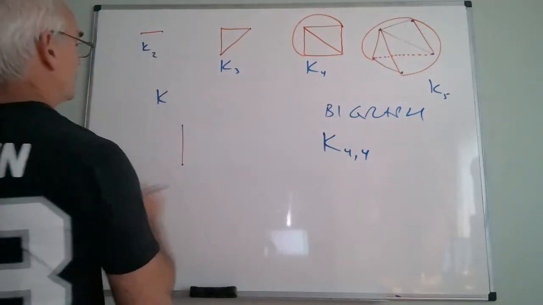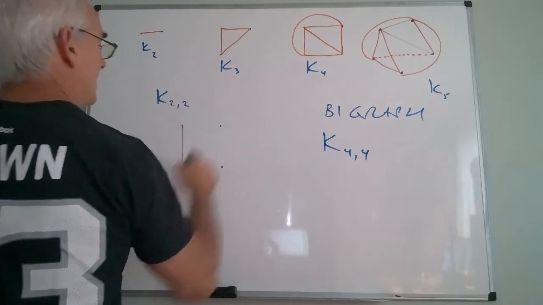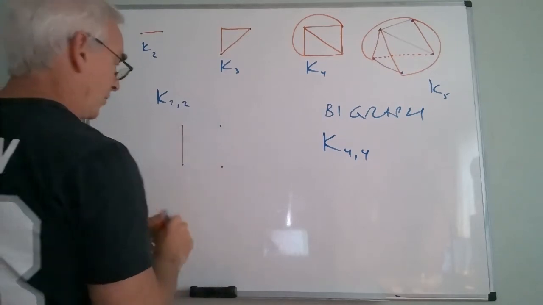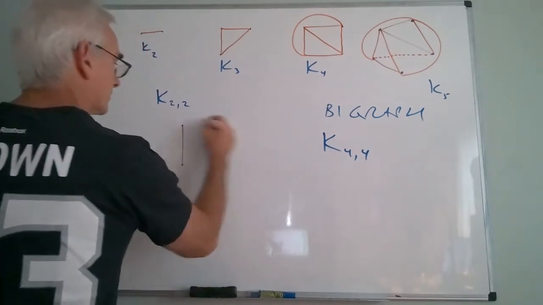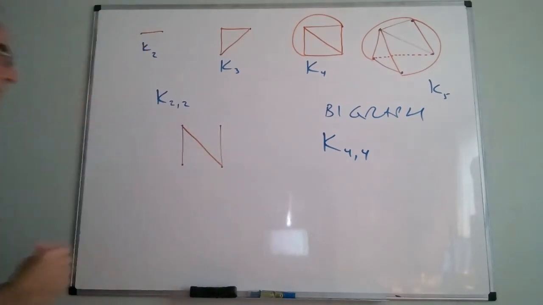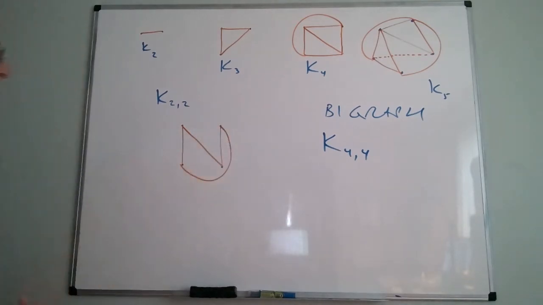What if I want K22? Okay. That means these two are connected to these two. That's all that matters. How do I get this guy to this guy? There. I've just drawn K22 and nothing crossed.